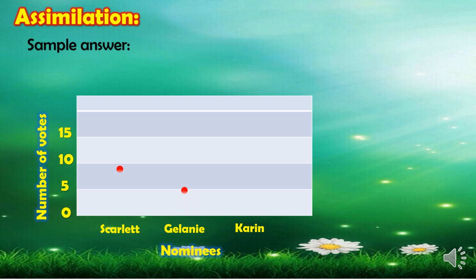For Jelani, she got 5. And for Karin, she got 14. Then let us connect by line segments. The title of this graph is the number of votes for secretary in grade 5 Aris. So that is the sample line graph.